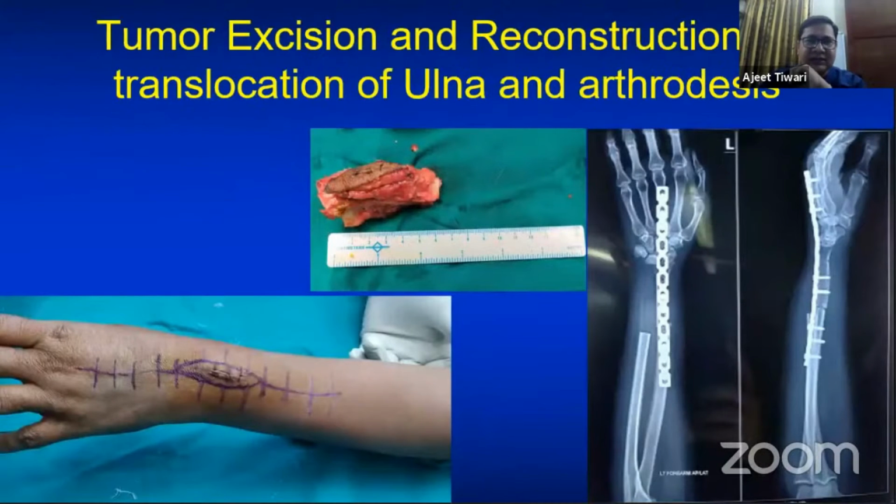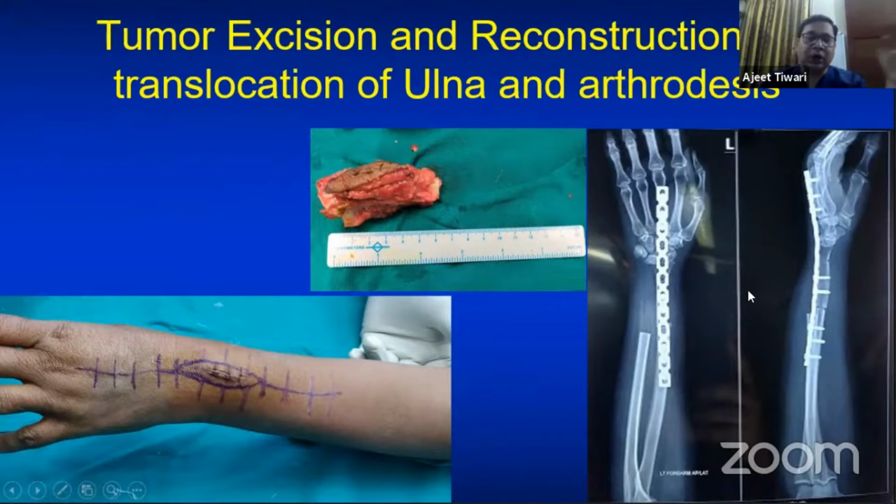So I did excision of the tumor. I have incorporated the mark of the biopsy. I first took the biopsy, and when the report confirmed that this is giant cell tumor, I excised the scar mark, the incision is along the scar mark, and excised the tumor, and I have translocated the ulna and fixed it and fused the wrist joint.